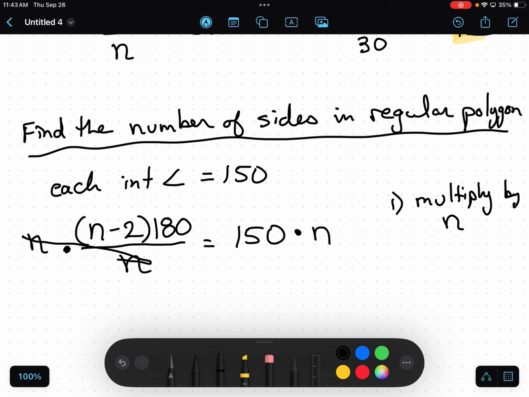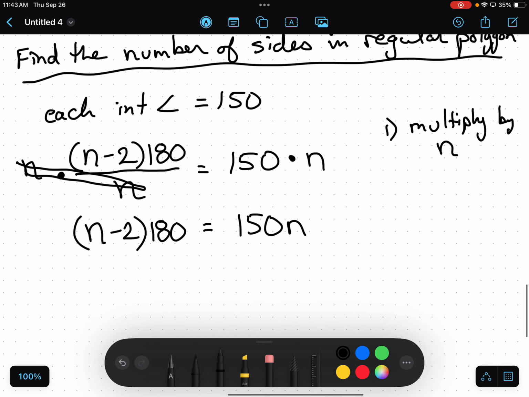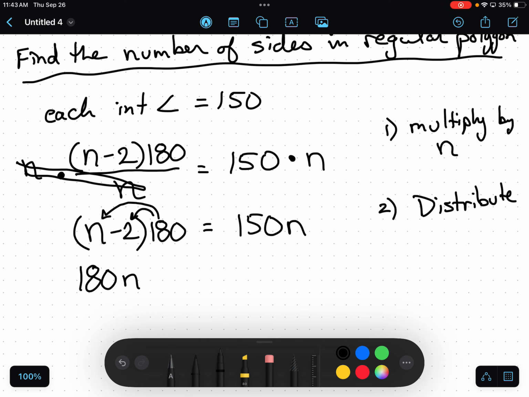Because that cancels, leaving you n minus 2 times 180. And on the other side, it equals 150n. Second thing, distribute. Distribute means to hand out or pass out. We're going to pass out that 180 to each of those parts. So 180n minus 360.